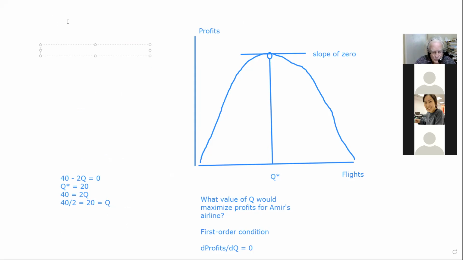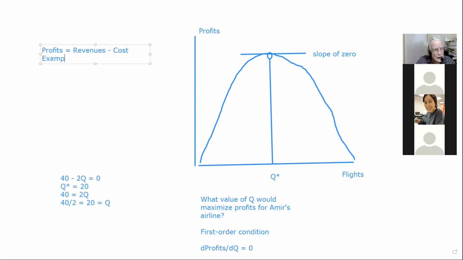Okay, good. So we've made progress. Usually, when economists are examining profits, they think of it as the difference between revenues and costs.